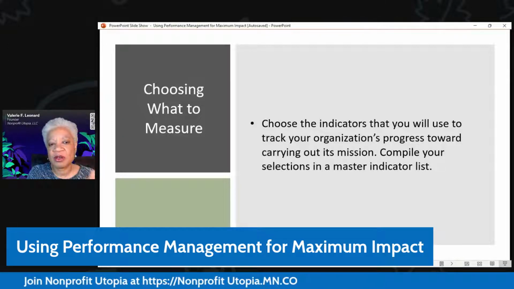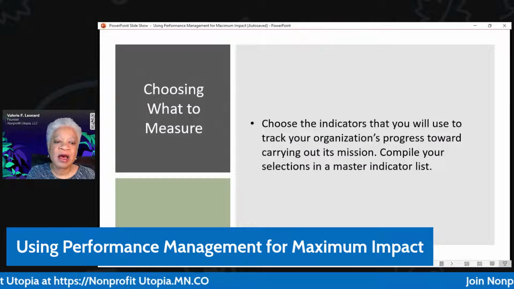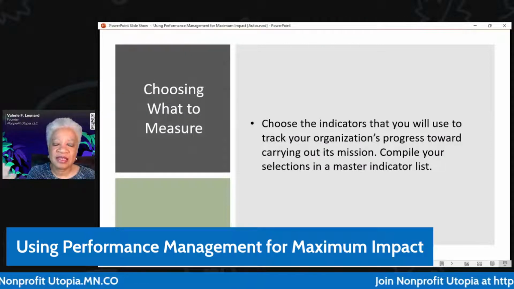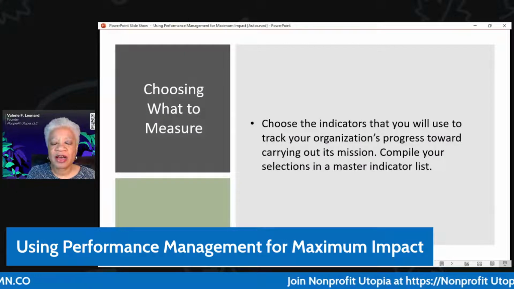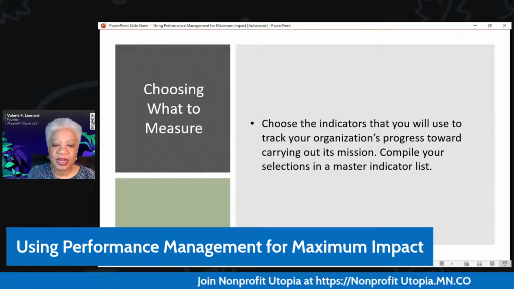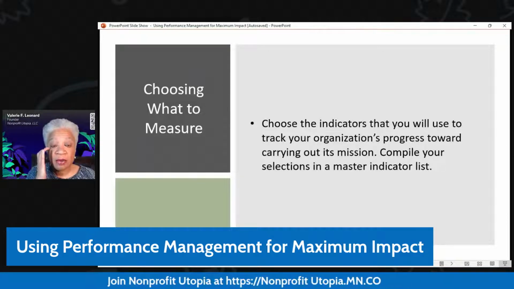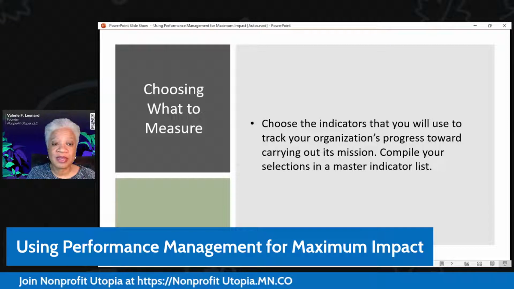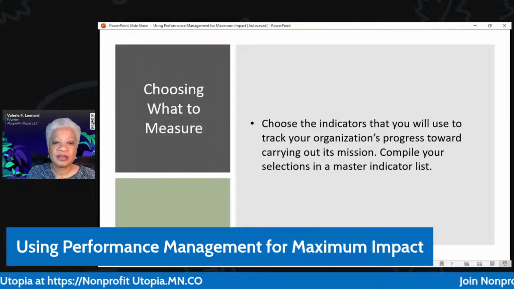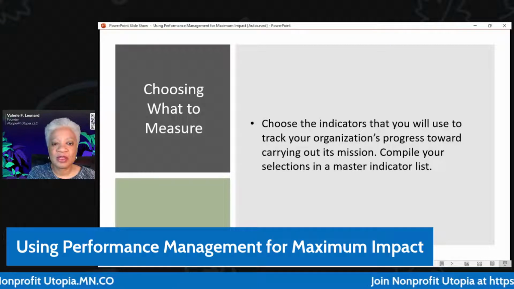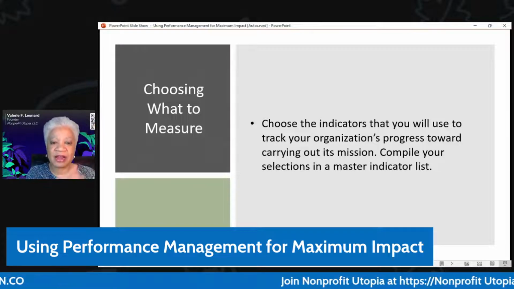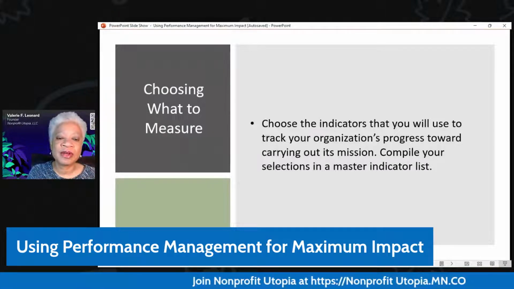They care about a result. But you who are on the ground, who are making the things happen, you care about how you're going to be judged, right? So you want to make sure that whatever these key performance indicators are, since you're going to be held accountable for the result, as are your higher ups, but they're going to hold you accountable, right?